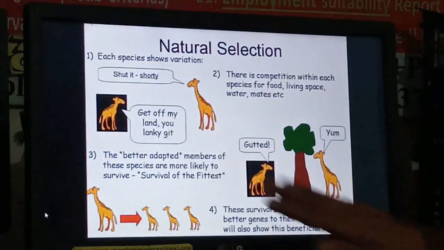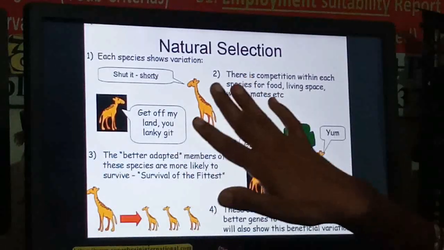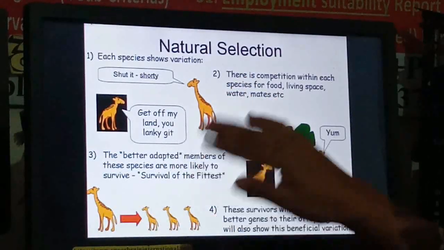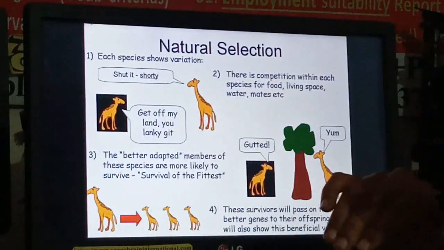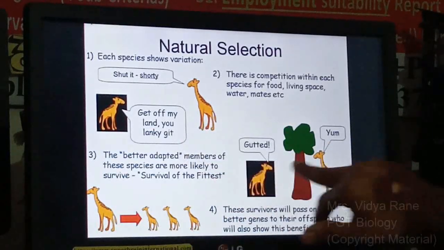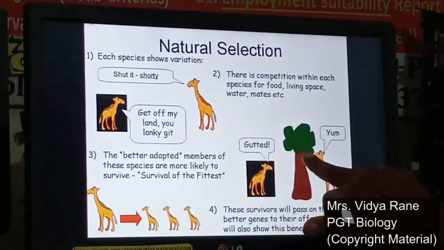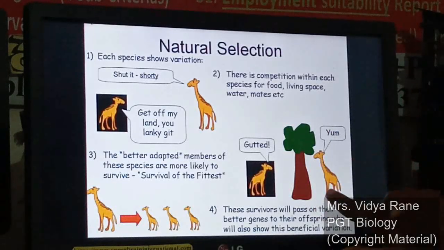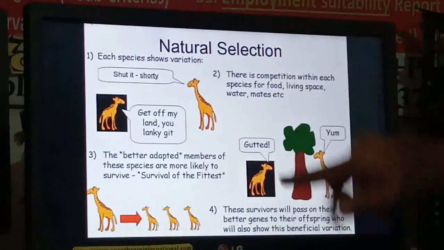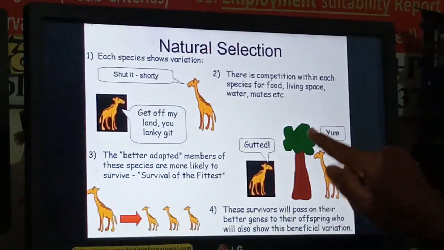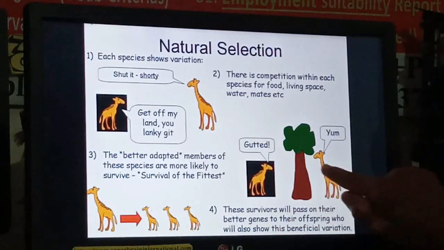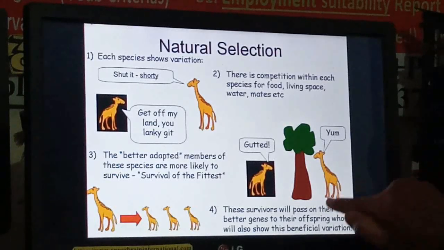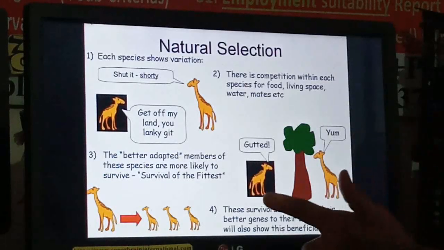Whenever there was a scarcity of food on the land, they tried to take food from the high trees. For that they had to raise their front legs up and stretch their necks.